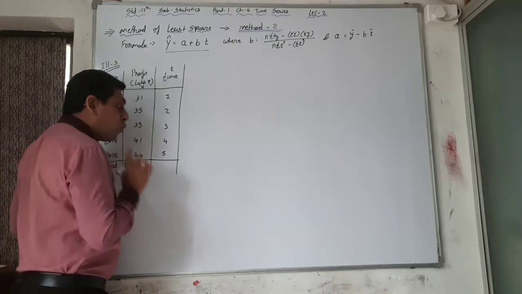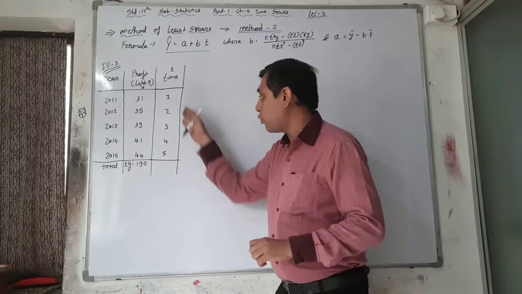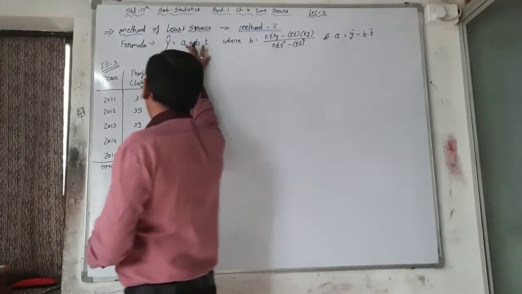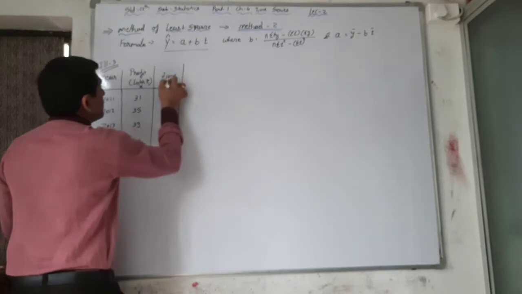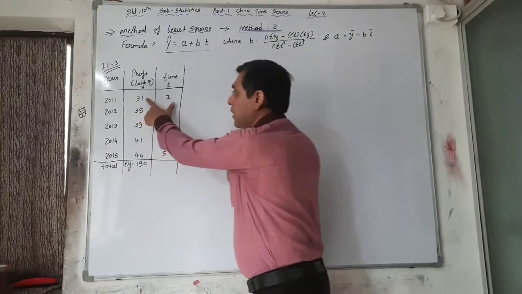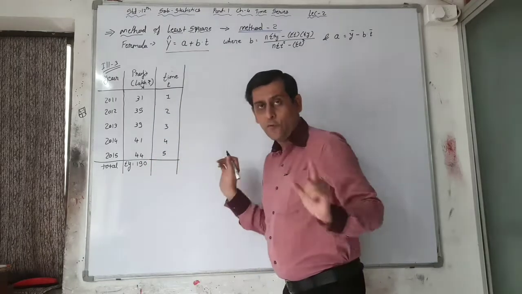It is always 1, 2, 3, 4, 5, whatever data is given. So first of all we take time, that is t equal to 1, 2, 3, 4, 5, and the already given variable y: 31, 35, 39, 41 and 44.